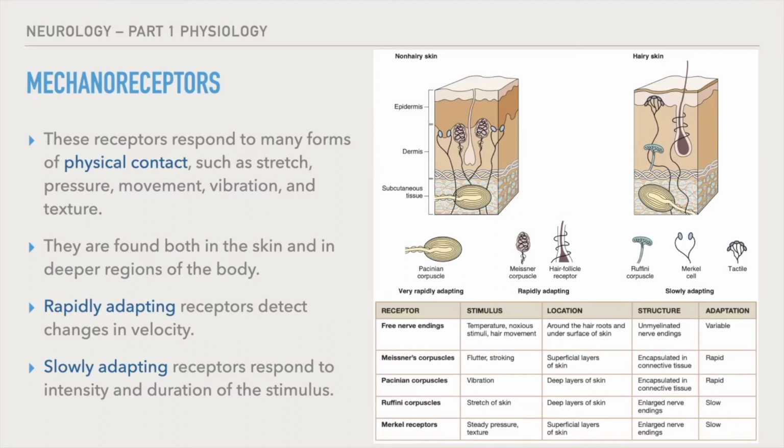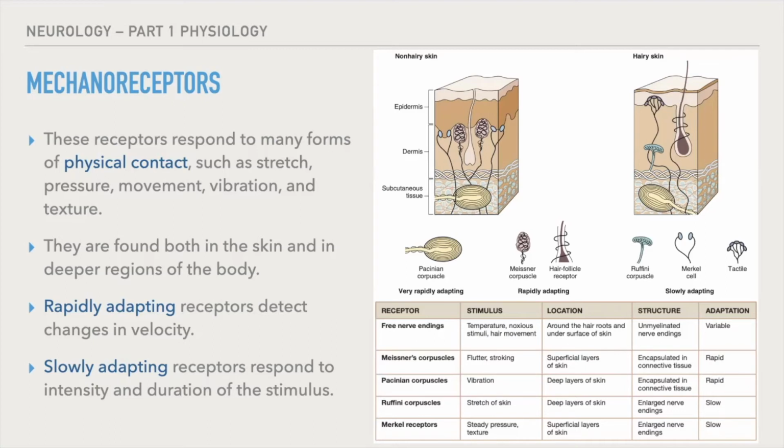We can find different types of receptors in the skin, such as the Pacinian corpuscle, which are encapsulated receptors found deep in the dermis. They are the most rapidly adapting of all the mechanoreceptors, and because of their very rapid adaptation, they can detect changes in stimulus velocity and they code for the sensation of vibration.